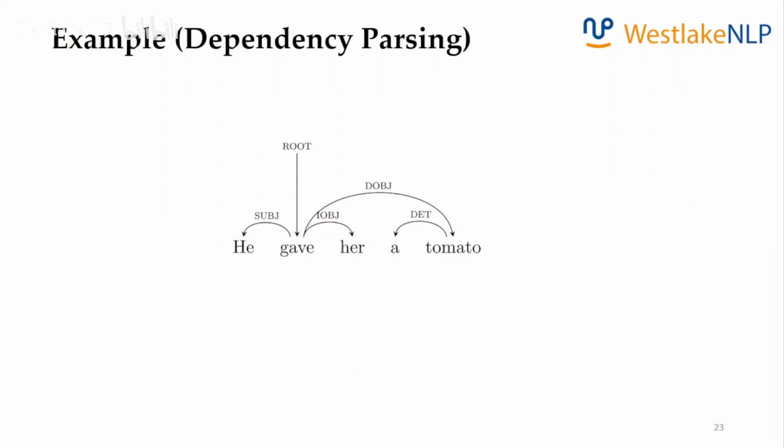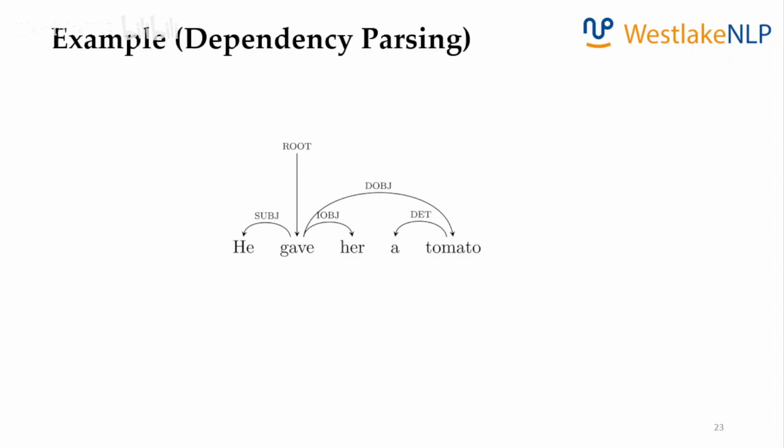So "he" is the subject of "gave", and "her", as well as "tomato", are the objects of "gave". "A" is a determiner that modifies "tomato". As you can see, this syntactic structure is different from constituent structures. It models syntactic relations rather than syntactic spans, right? It's a different perspective of syntax.